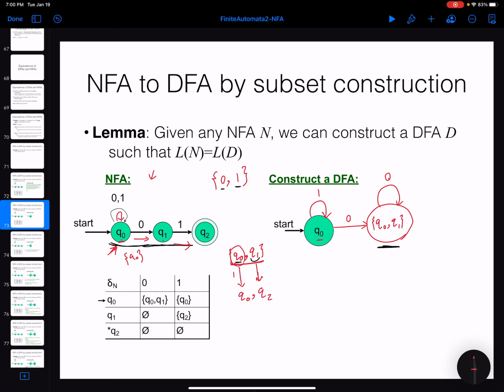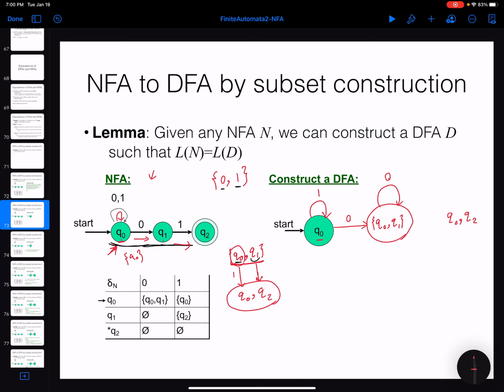If you are at Q0 or Q1 and you see a 1, you will be either at Q0 or at Q2. So this is going to create a new situation for me, a new state in my DFA. That's going to be called Q0, Q2.